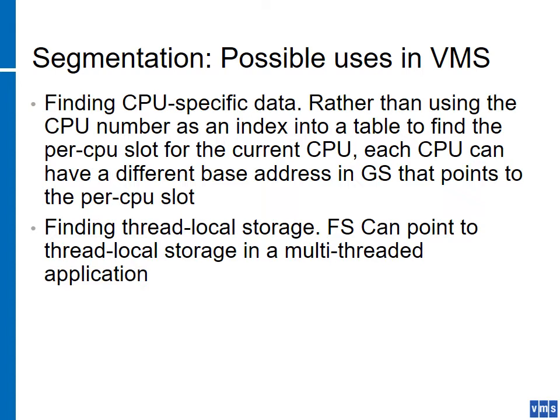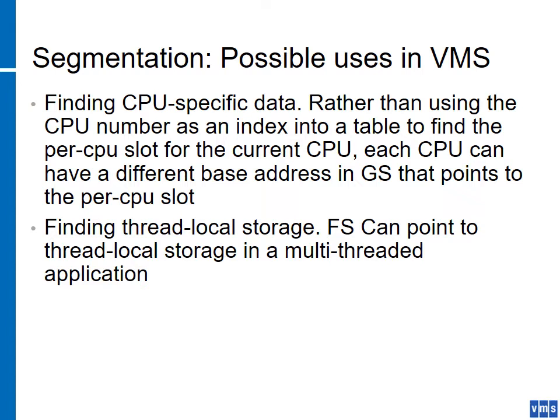And so in OpenVMS, what we're probably going to be doing is using the GS segment selector to point to a different area of virtual memory on each processor. And the piece of virtual memory it will point to is something like an index into a table that will allow us to find the per CPU slot and other CPU database related stuff.